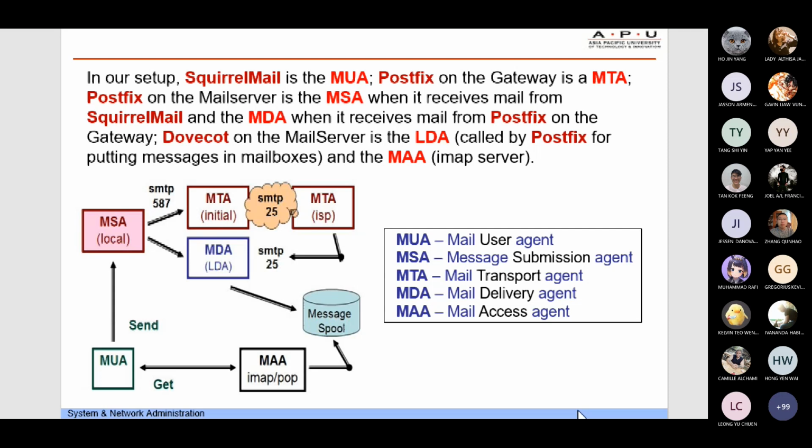Way back in the day, now 1986, 1988, people didn't know how mail was going to work, but they'd been working on it for a long time. Actually, they'd been working on it for almost 10 years. About 1978, people were trying to figure out how mail was supposed to work.